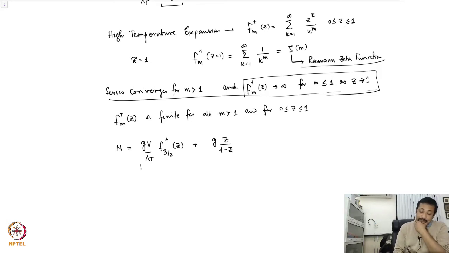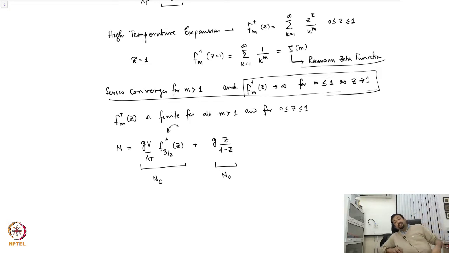The first term that you see over here is the number of particles contained in the excited states, and this is the number of particles contained in the ground state n equal to 0. So the first term represents the particles contained in the states other than the ground state.